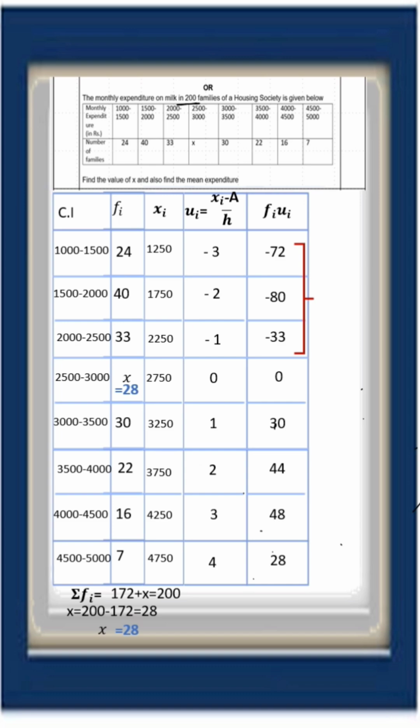Okay, sum of all the negative numbers is negative of 185. Sum of all the positive numbers is 150. Here the bigger number carries the negative sign. So 185 minus 150, that is equal to negative of 35. So summation of fi ui is negative of 35.